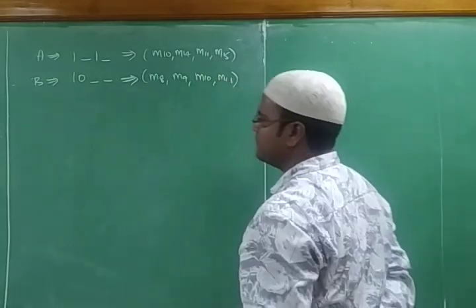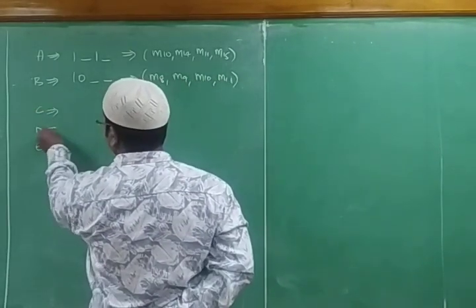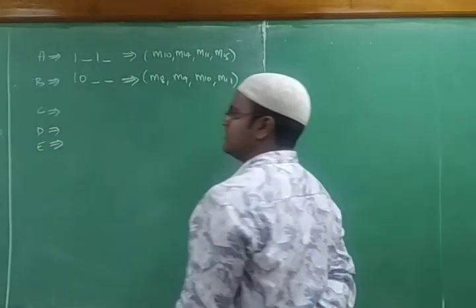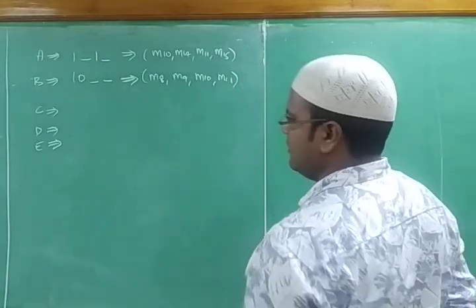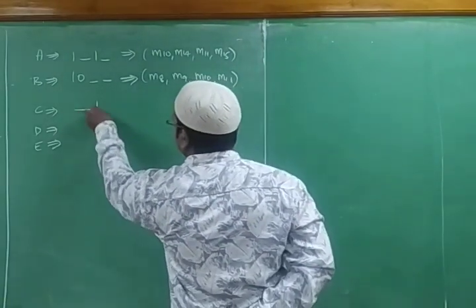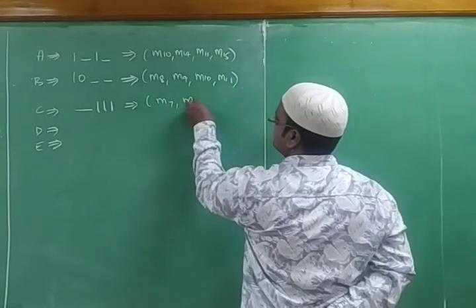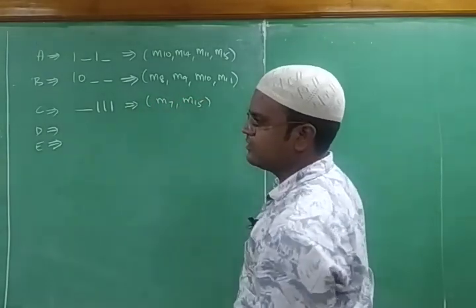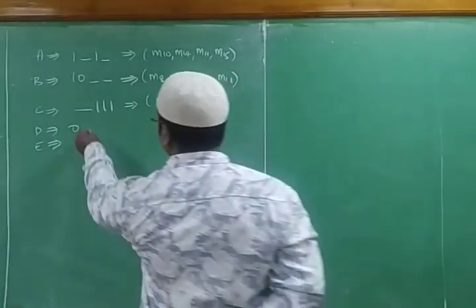Next we do have C, D and E. Like this we found the prime implicants. So what is the C value we do have? C is equal to 7 comma 15, dash with triple 1. 7 comma 15. Like this we have taken D. So what is D actually? 0 1 dash 1.